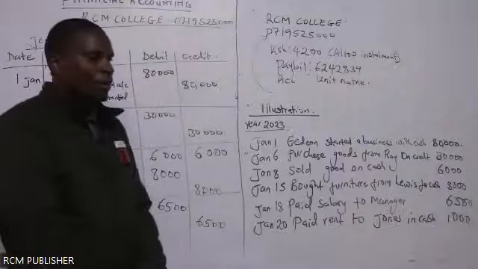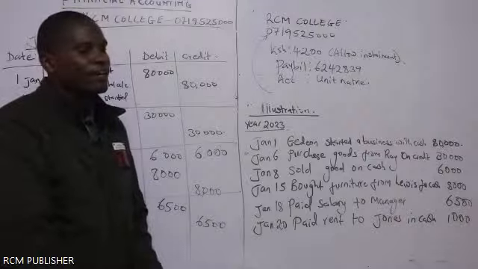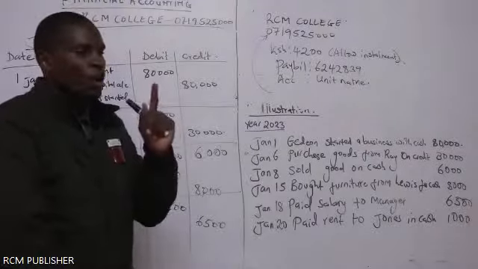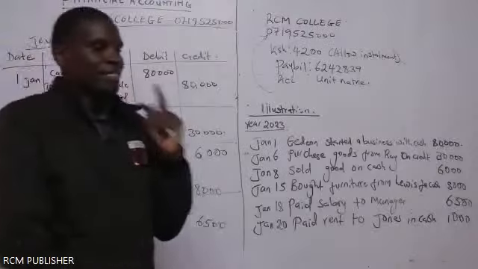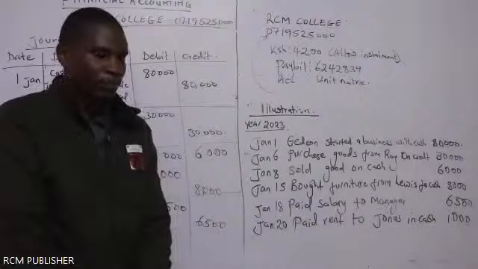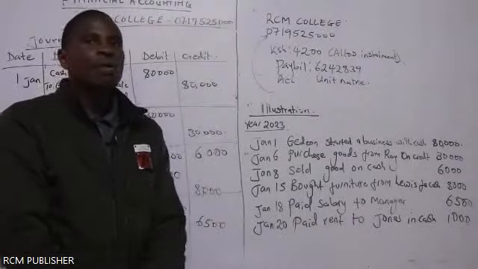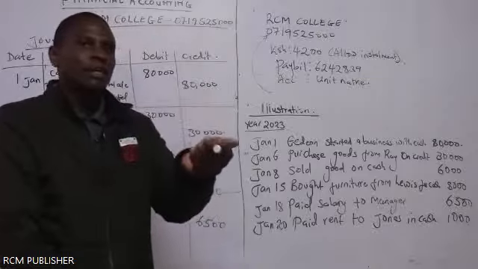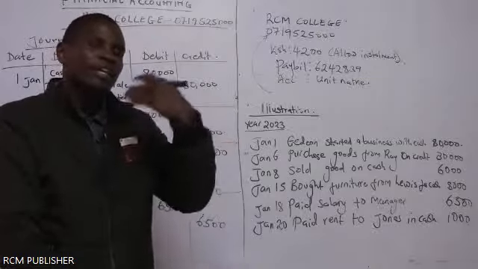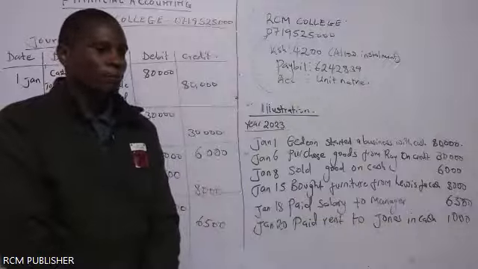You should know, if we are giving out money, if our account is reducing, how we treat that transaction. So when we pay rent, is the money in our account increasing or reducing?